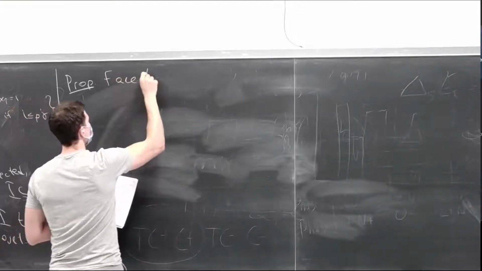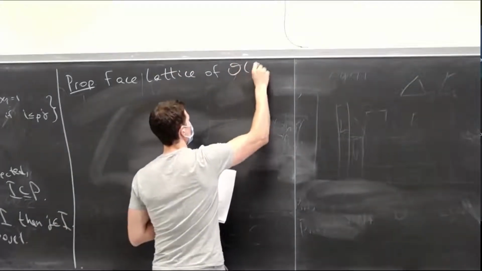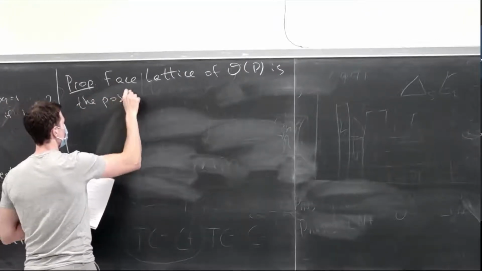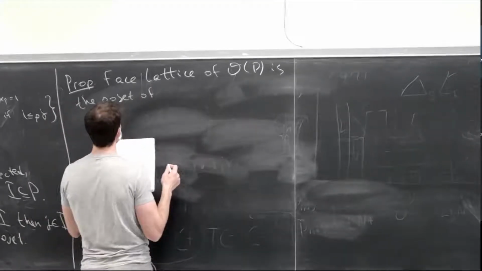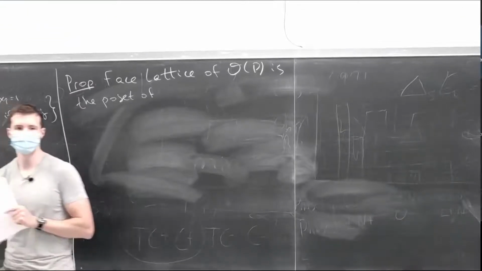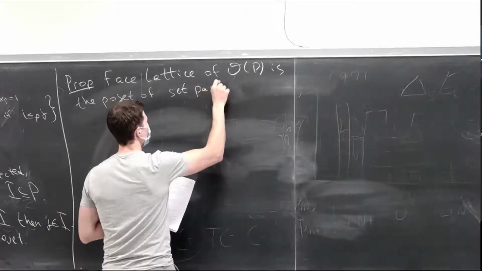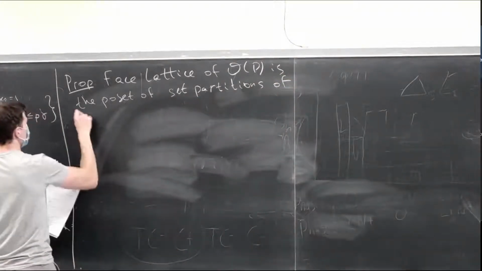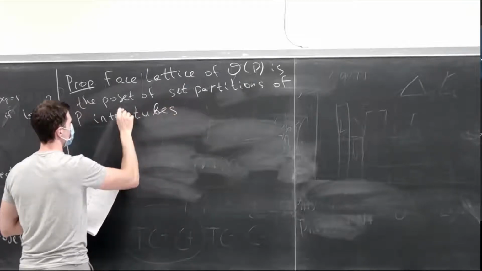The face lattice of the order polytope of P is the poset of set partitions of P into tubes, into P-tubes.